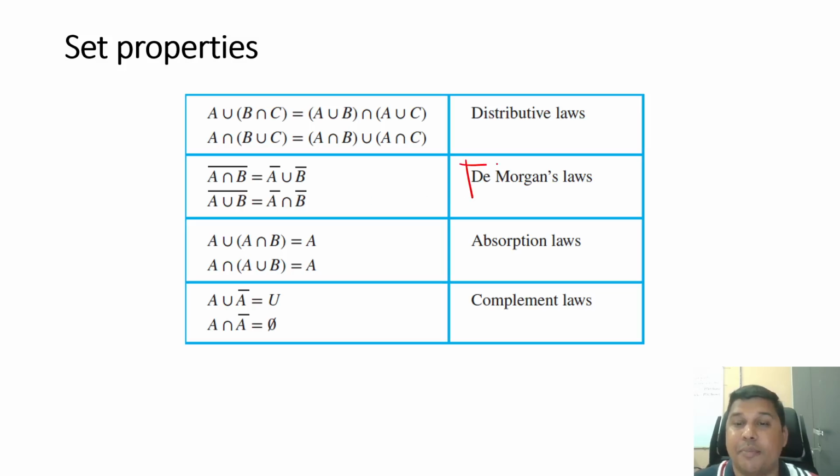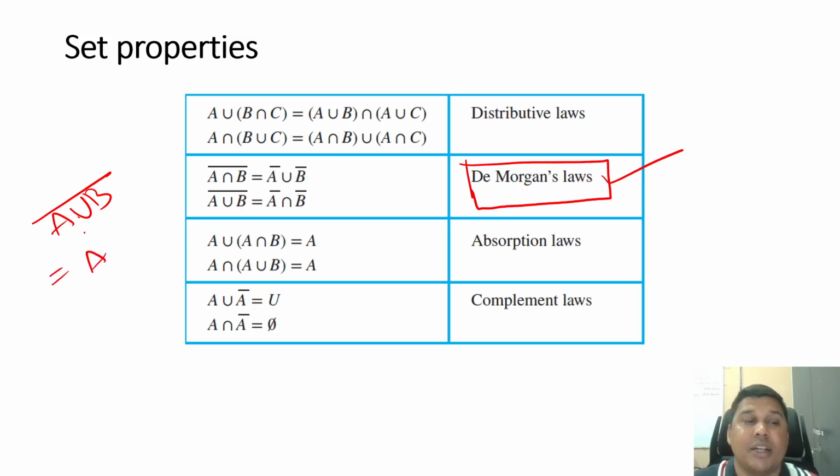The very important laws are De Morgan's laws, very popular in all the concepts of mathematics. It is nothing but A union B whole complement: you apply complement to A, it becomes A complement; you apply complement to union, it becomes intersection; you apply complement to B, it becomes B bar.